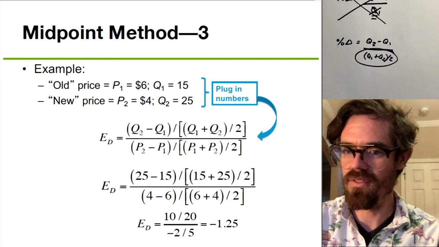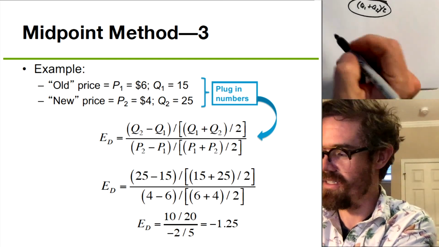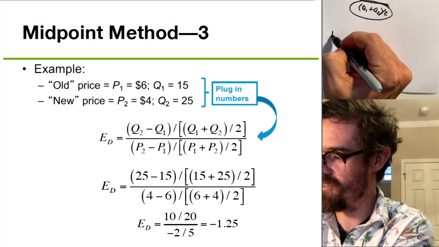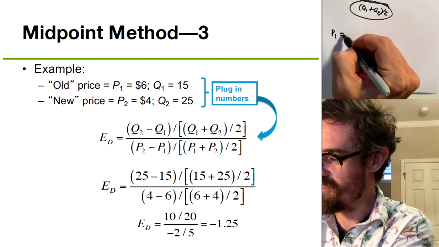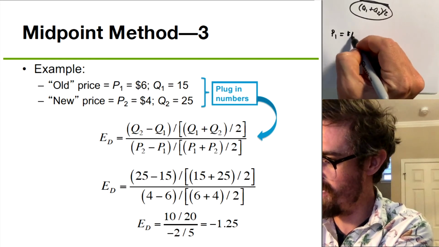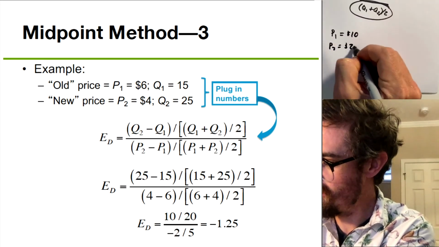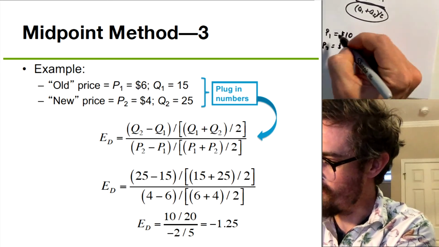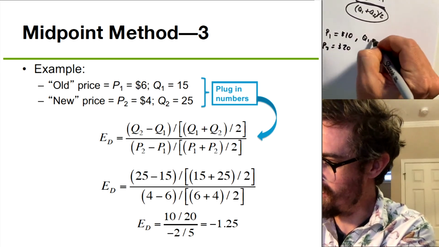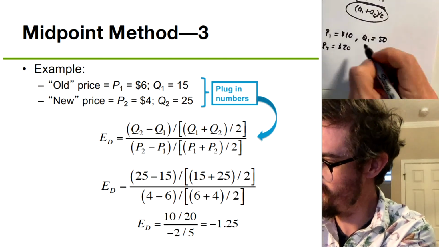Okay, so just in that case, I'll even give you another set of practice numbers here, so you can pause the video and practice this yourself. But suppose that P1 is 10, P2 is 20, and when the price is 10, the quantity demanded is, let's say, 50.